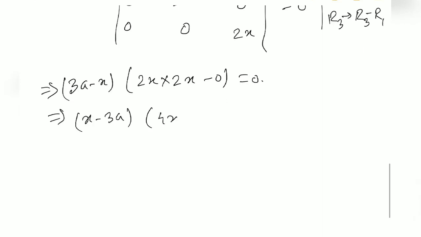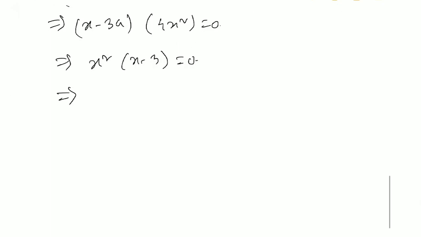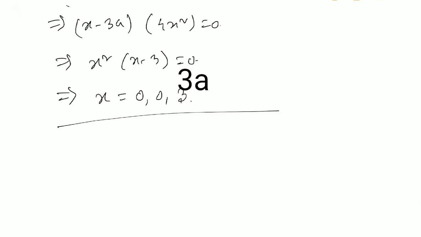So we will have x minus 3a and 4x square equal to 0. Now obviously you can have the solution. 0, 0, 3. Okay.